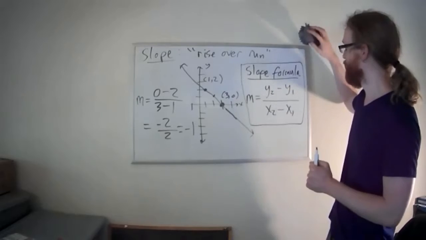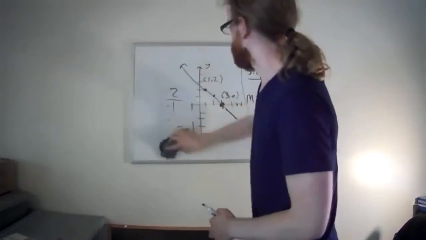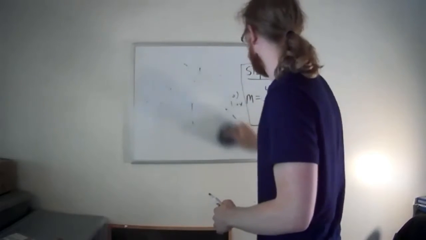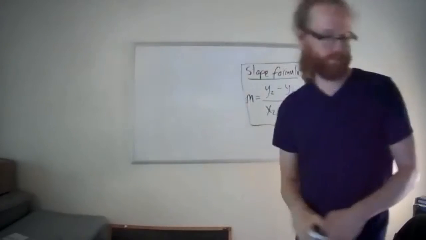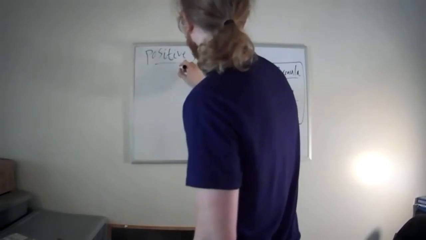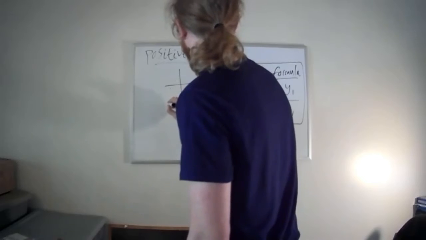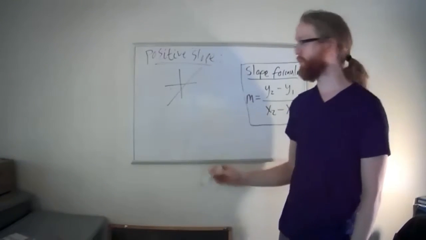Okay. And let me draw the picture to remind you. For a positive slope, your line should look like this. It should go up as you go to the right.